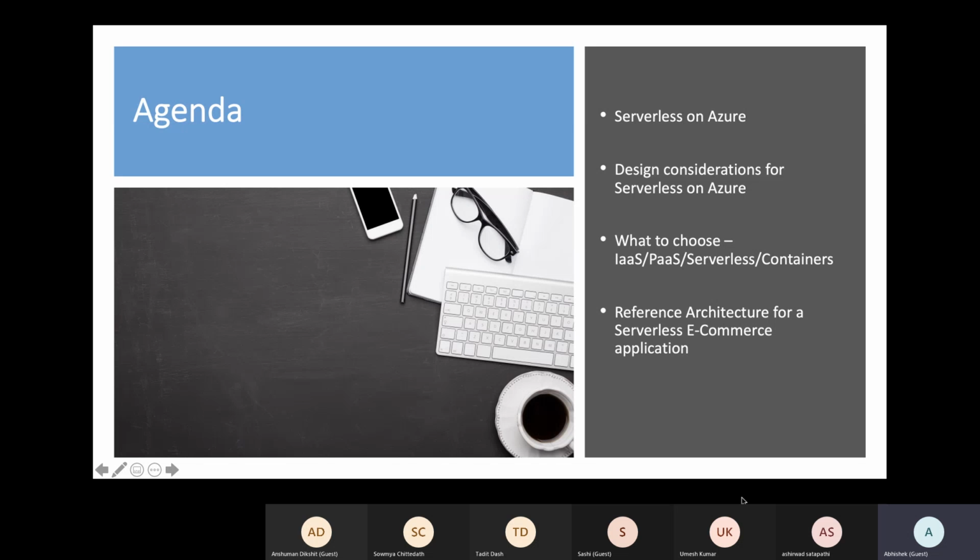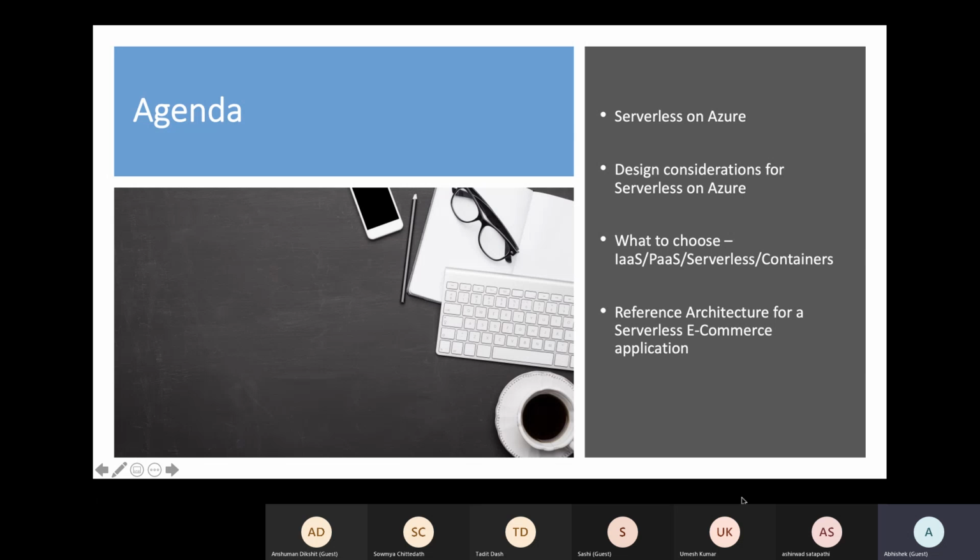At the same time we will also take a look at the basic design considerations we should take, because whenever we design anything, it's very important to discuss the considerations, right? Because they are one of the key inputs that will help us in getting our design right. So we'll be discussing the design considerations.